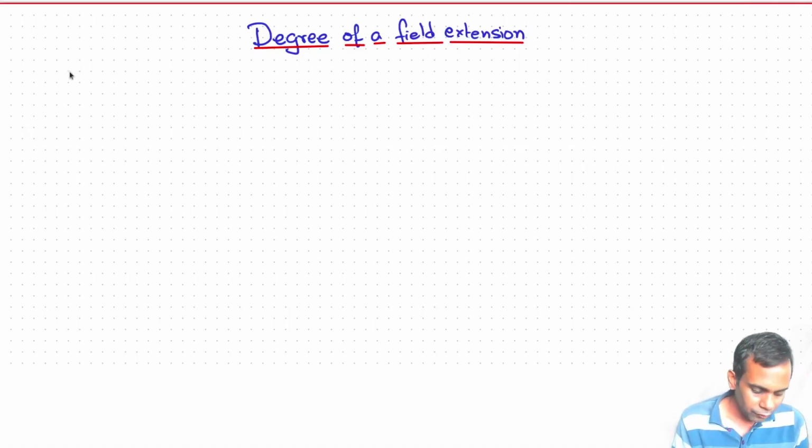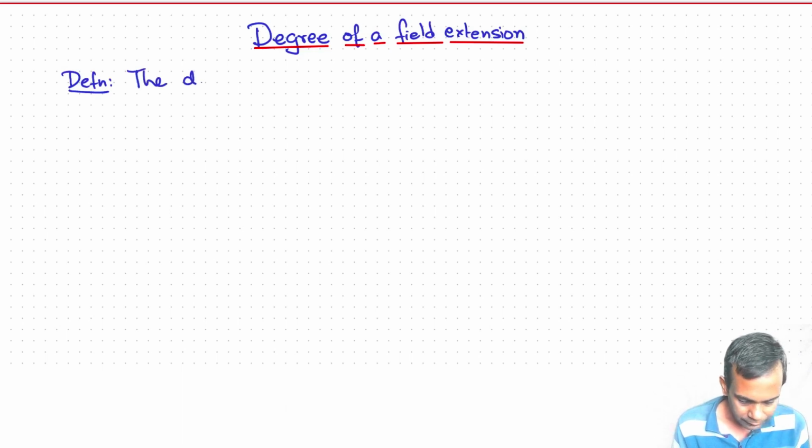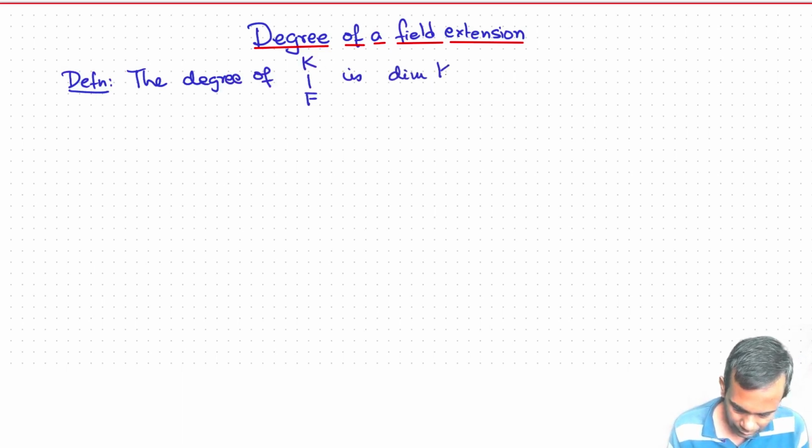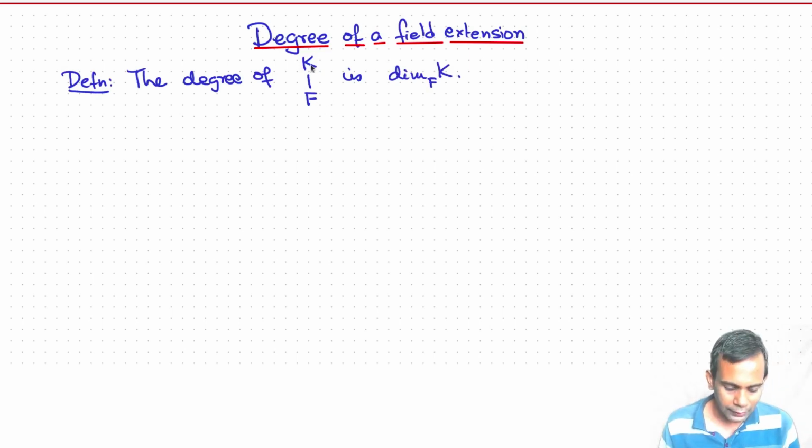We define the degree of a field extension as the dimension of the larger field as a vector space over the smaller field. So the degree of an extension K over F is the dimension of K over F. See, F is a subring of K, and therefore K becomes an F-module.